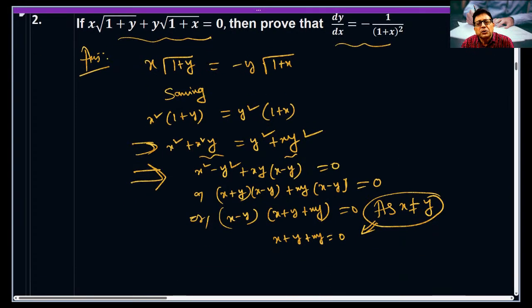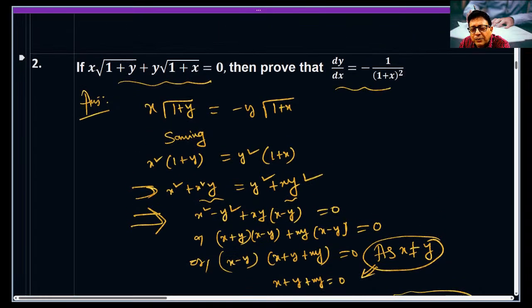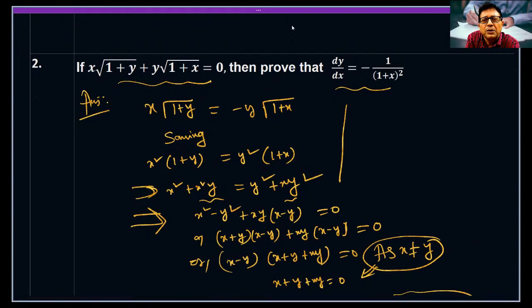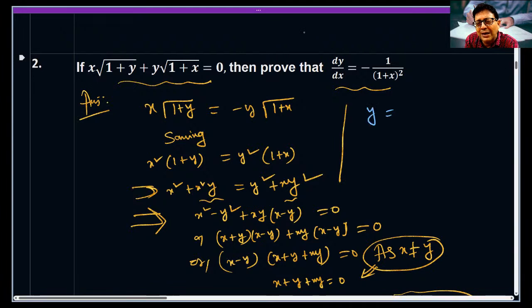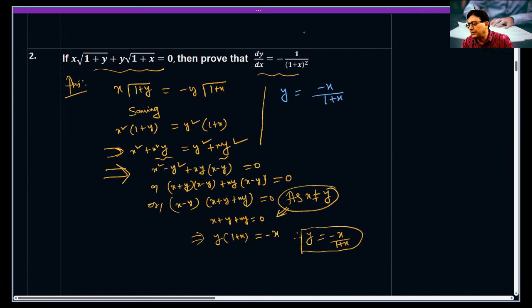Isn't it? So this implies that y into 1 plus x equals minus x. Therefore, now required to prove this thing, we got y equal to minus x by 1 plus x. So we just need to differentiate once.